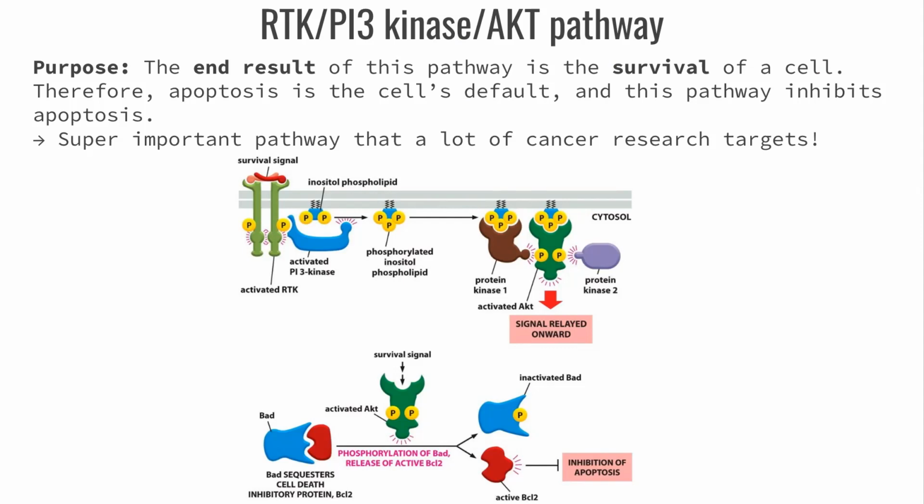So basically the cell, without this pathway, automatically dies, and so your cells basically need to keep telling each other to stay alive, which is kind of funny. And this important pathway is a target for a lot of cancer research, because if you want cells to die, like your cancer cells, then you would want to inhibit this survival pathway.